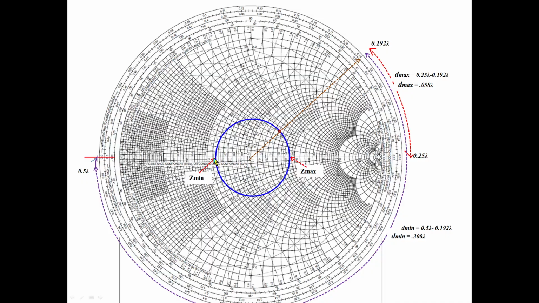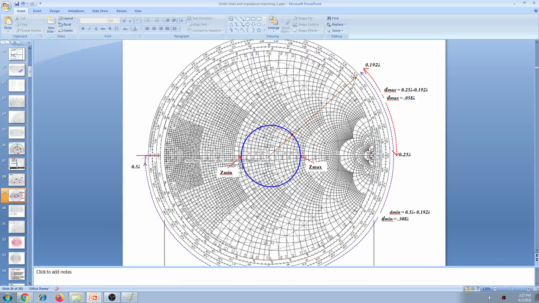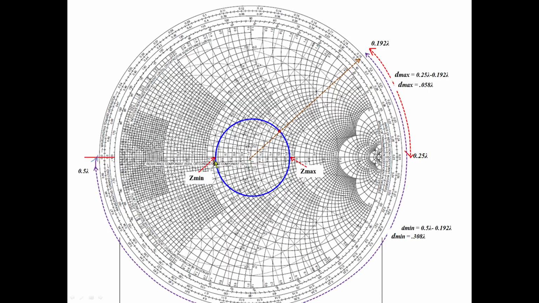So this is a point, I moved up to this point, starting from here. What is the distance if you move up to this point?